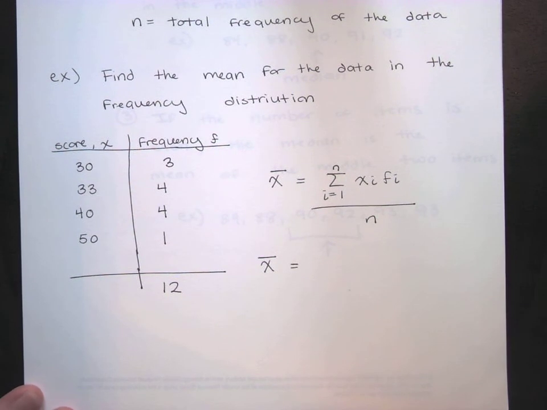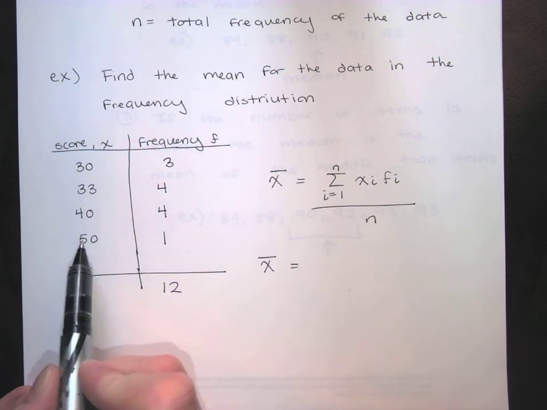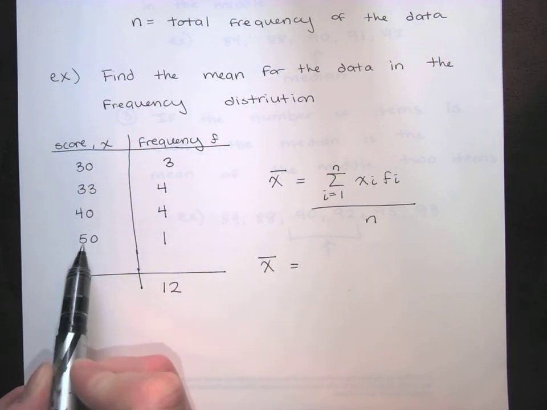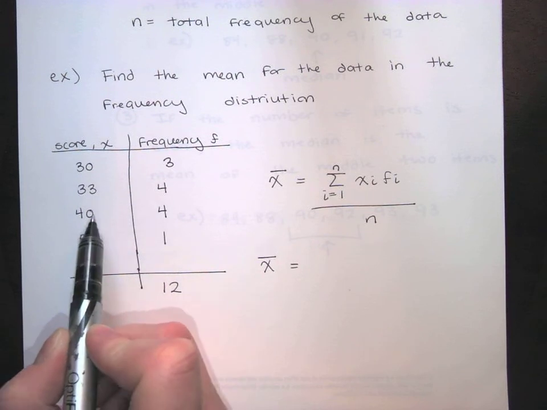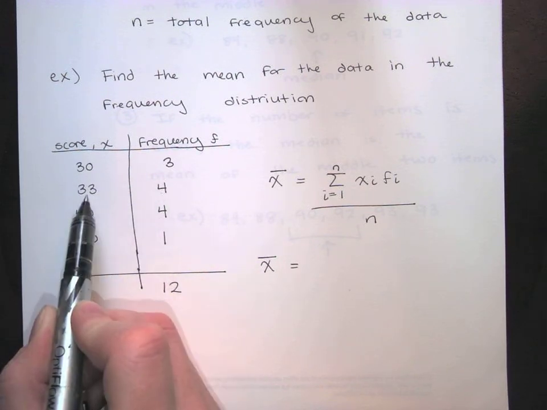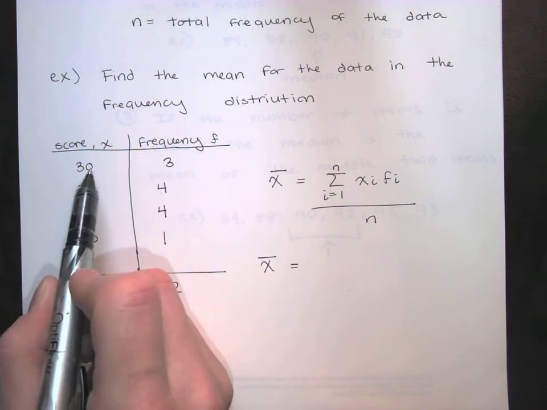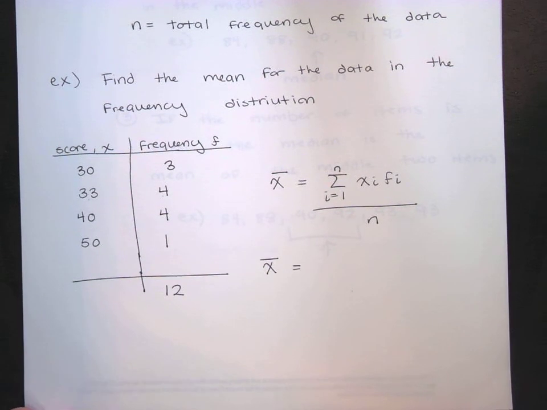There are 12 scores that I'm going to take into account. 1 score is a 50, 4 scores of 40, 4 scores of 33, and 3 scores of 30 is what we had in our data if this is the frequency distribution that we were given.